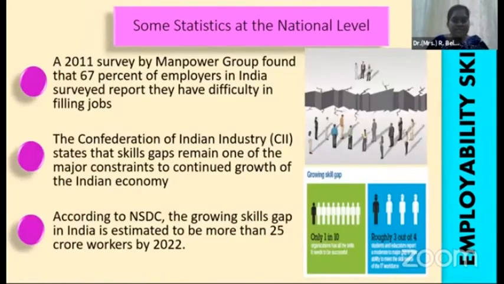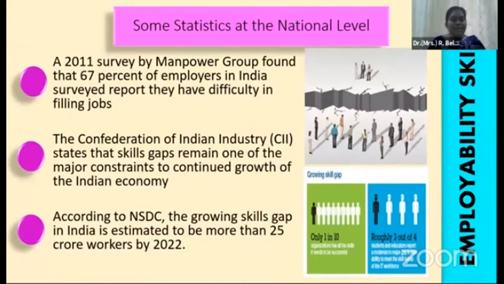Okay. A survey, some more statistics. A 2011 survey says 67% of employees in India surveyed reports they have difficulty in filling jobs. ஐயா என்கிட்ட வேலை இருக்கியா, எனக்கு skilled worker இல்லையா? That is a problem. CII, Confederation of Indian Industry, states that skills gap remain one of the major constraints. Skill, எனக்கு தேவையான skill அவங்கள்ட்ட இல்ல.